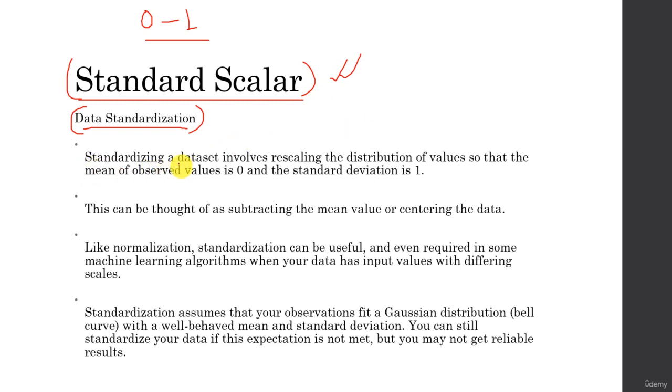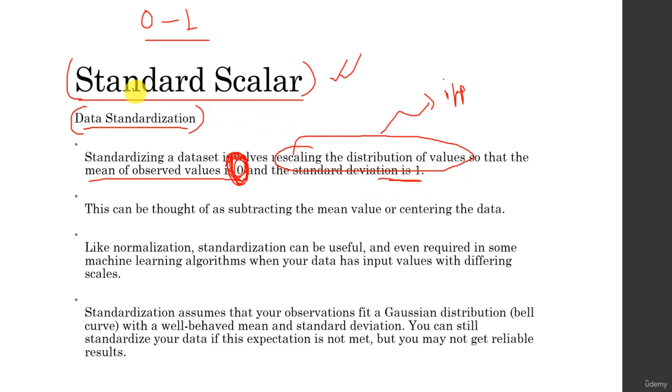So standardizing our data involves rescaling a distribution of values. Distribution of values here means the input. You take the input and you rescale it so that the mean of the observed values is 0. See here, you have to create your data in a way that your mean will be 0 and standard deviation will be 1.